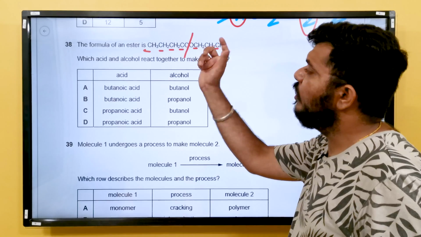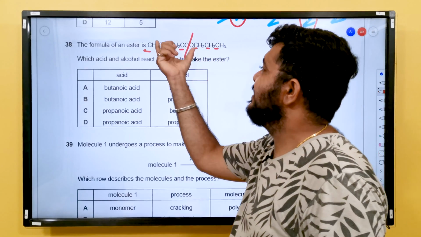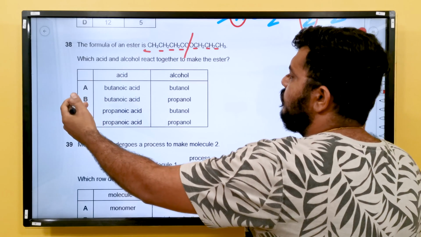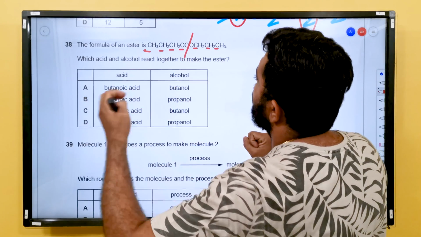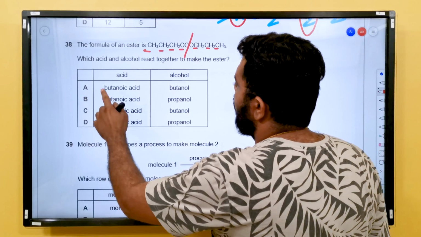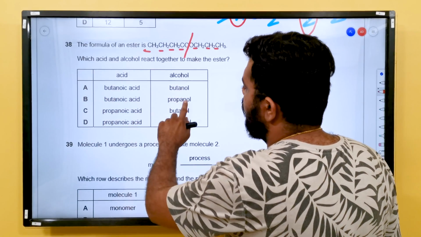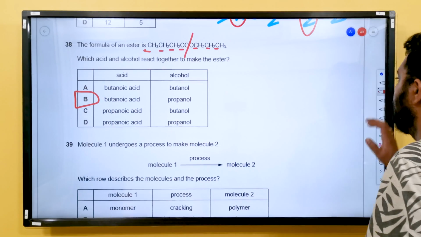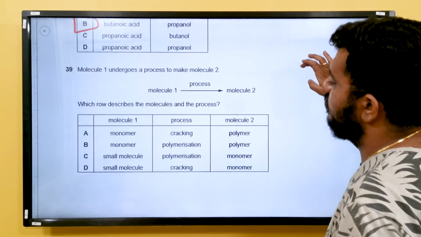So the alcohol contains 3 carbons, acid contains 4 carbons. So it's butanoic acid and propanol. Okay, butanoic acid, butanol, and okay. So the correct option is option B.